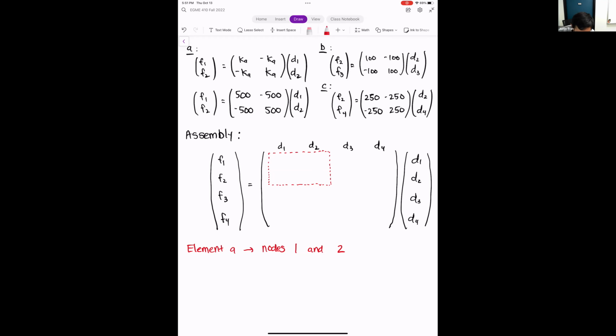We're going to insert the entries of KA for element A. So we're going to put 500, minus 500, minus 500, and 500. I'm going to leave some space there because I know we're going to have a lot of overlap on that spot.